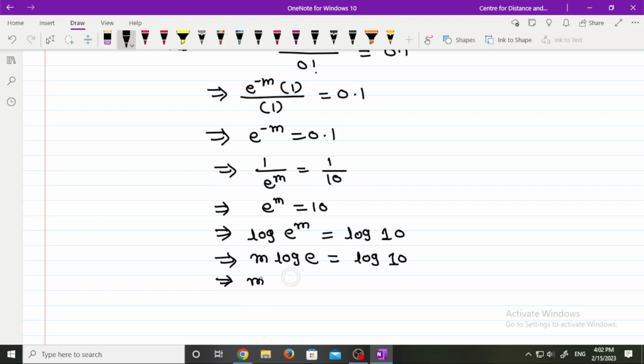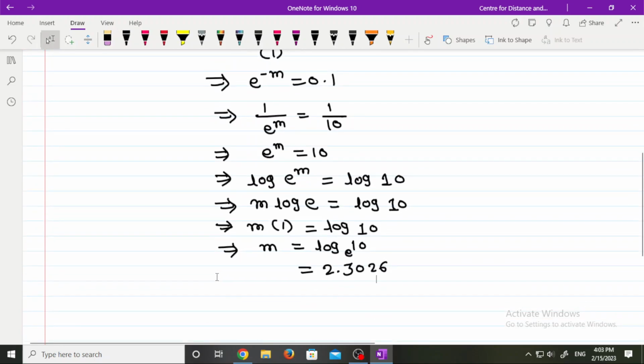m into the value of log e, which is 1, is equal to log 10, which implies m is equal to log 10 to the base e. The value of log 10 to the base e is 2.3026.